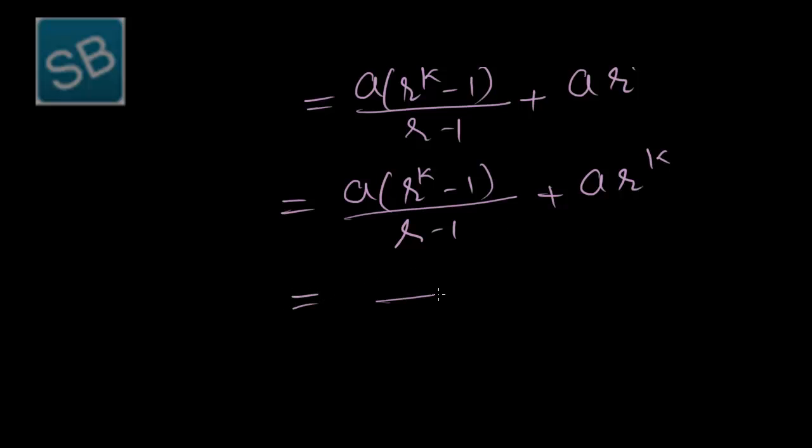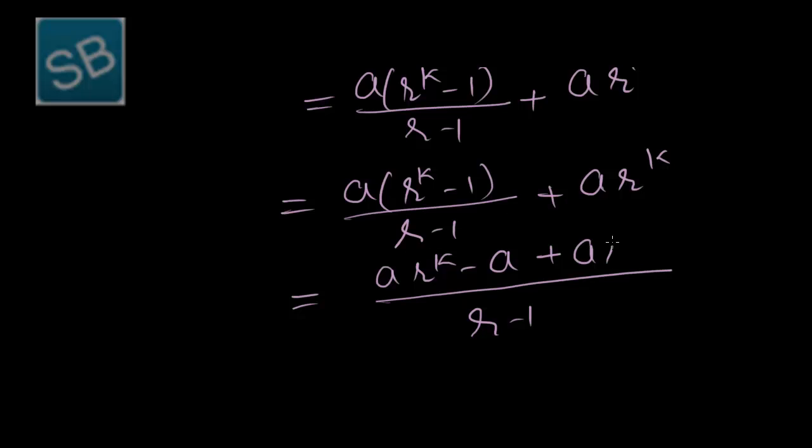So on taking LCM, we get R minus 1 as LCM in the denominator, and in the numerator we get ARk minus A plus ARk into R is ARk plus 1 minus ARk.